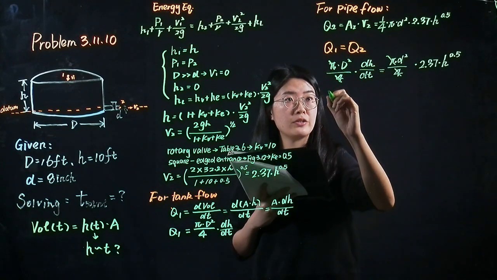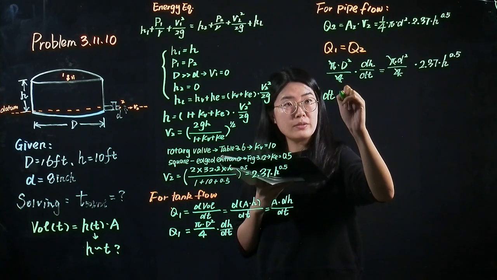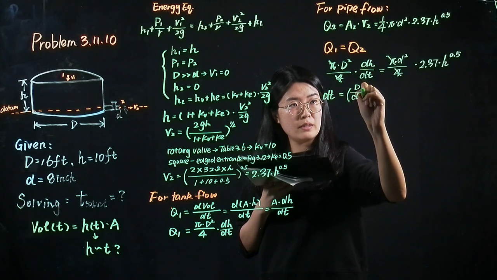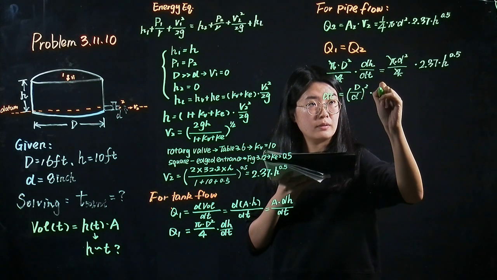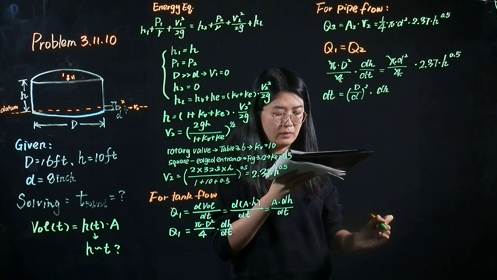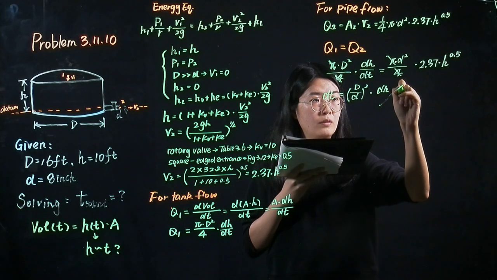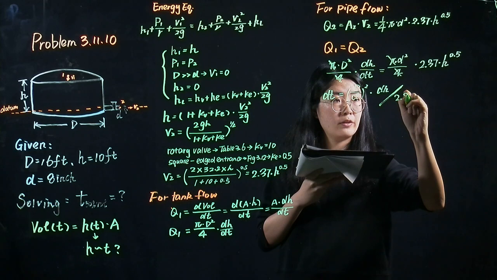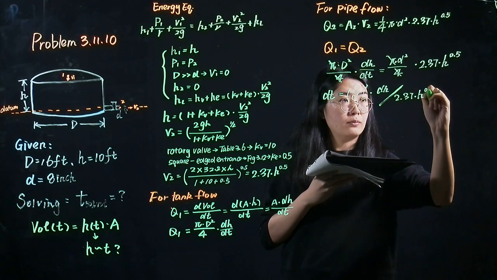After we rearrange this equation, dt is equal to capital D squared over small d squared, times dH, over 2.37 times h to the power of 0.5.